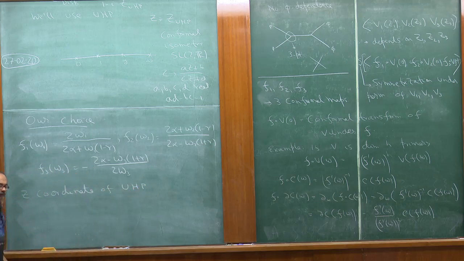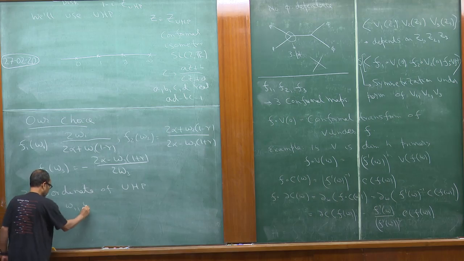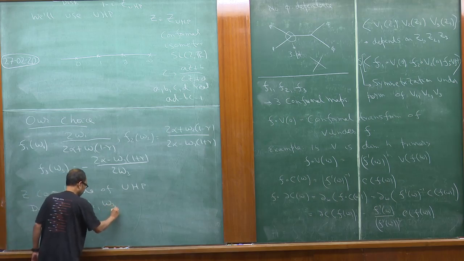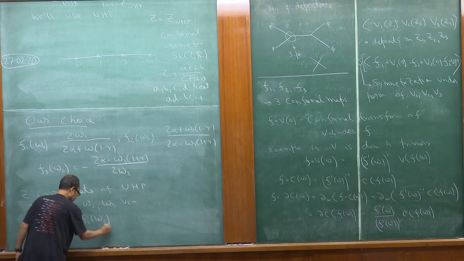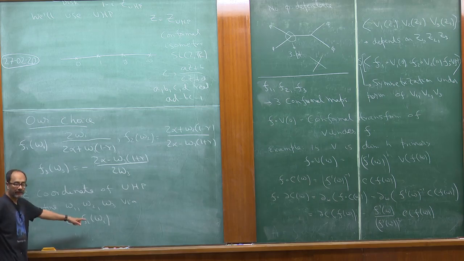Okay. So, we will define w1, w2, w3 via z equal to f_i of w_i. So z is f1 of w1, the same z is f2 of w2, and z is f3 of w3.